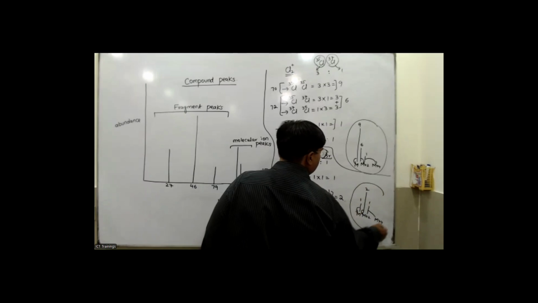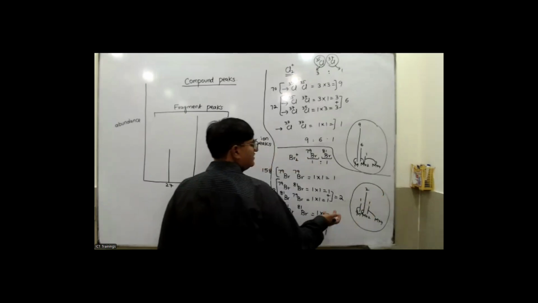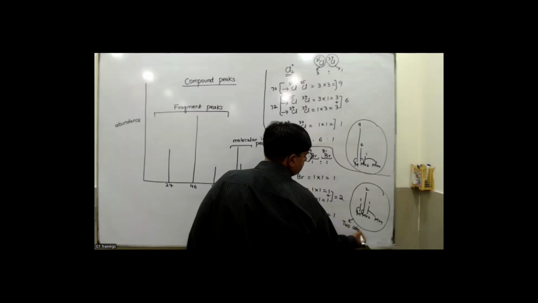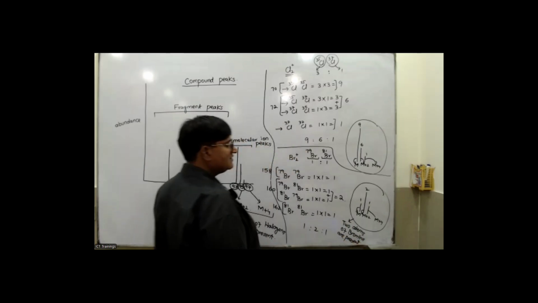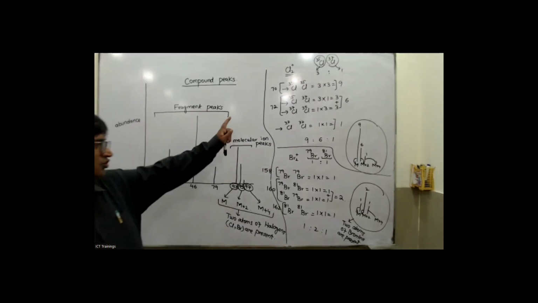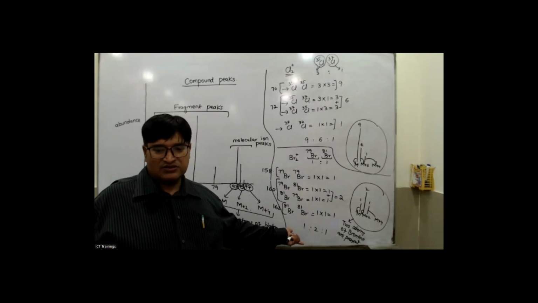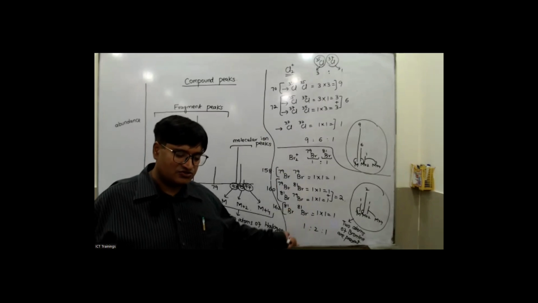So if the peaks are present in a ratio of 1:2:1, so it means 2 atoms of bromine are present. Did you get it, guys? So you should know how to calculate these ratios in the paper. 3 or 4 times he has asked this question.